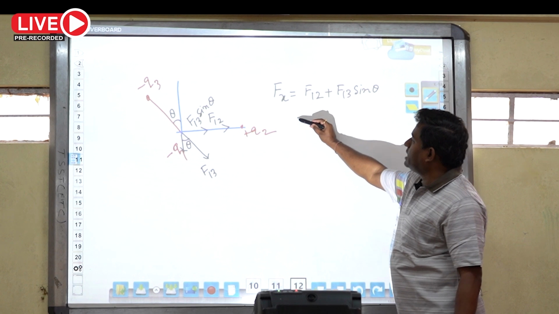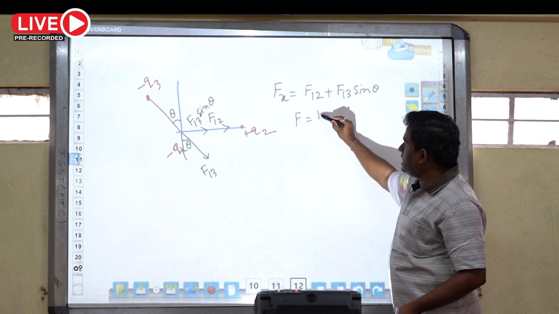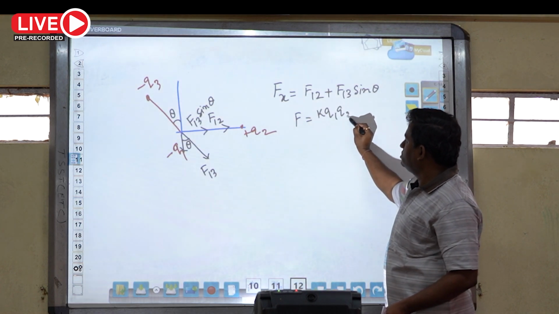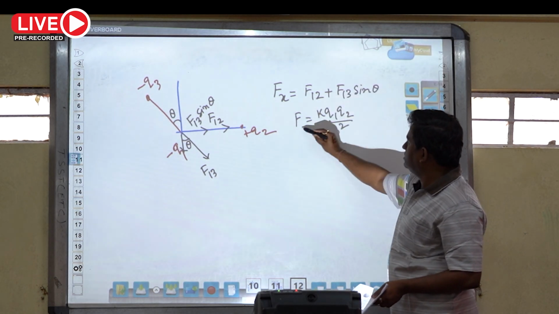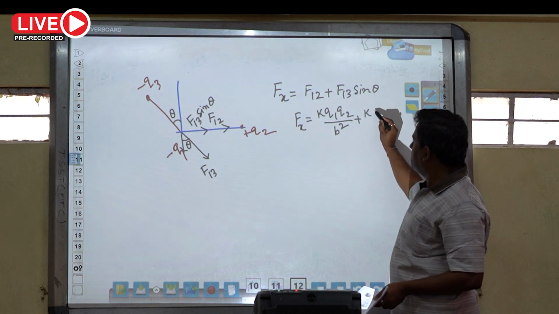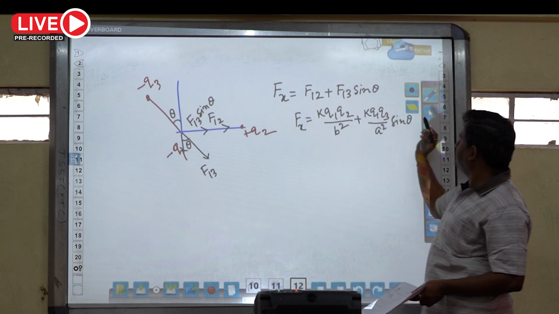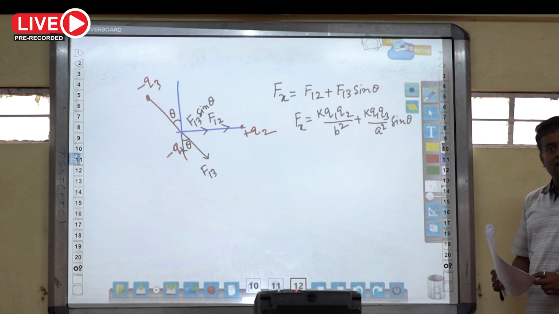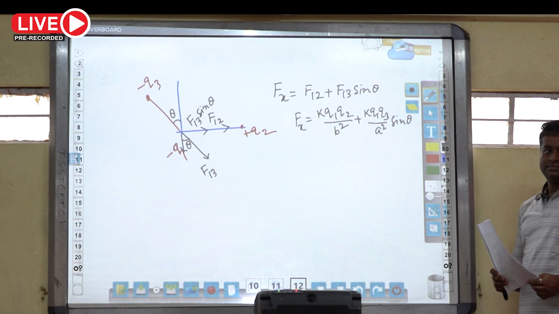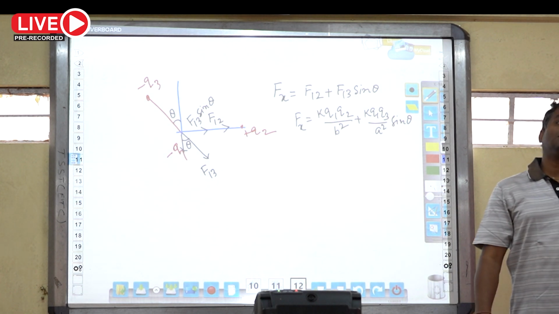F12 is K Q1 Q2 by B square, plus K Q1 Q3 by A square sin theta. We write only the magnitudes, no more signs, because if you put the sign again, it will be a wrong answer. From the vector resolution we have already determined the direction, so there is no need to put the sign once again.